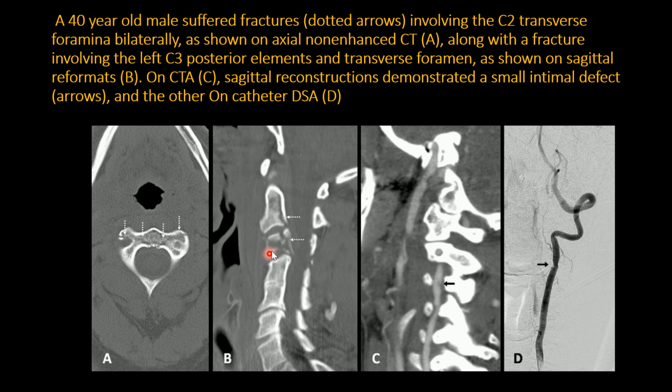And here we have multiple fractures of the cervical vertebra, including C2 and C3. And just it is a figure just to show how the filling defect can appear in the CT angiography. And here this is catheter angiography.